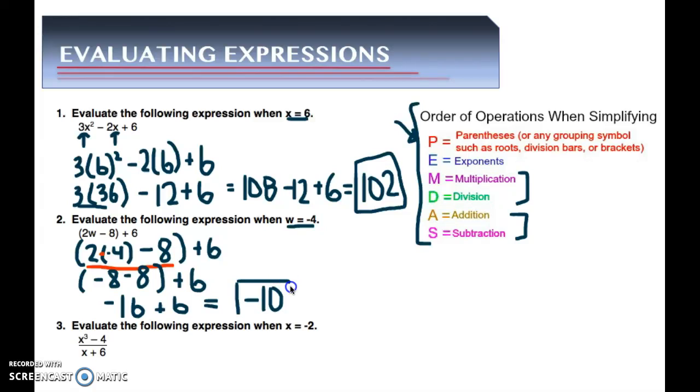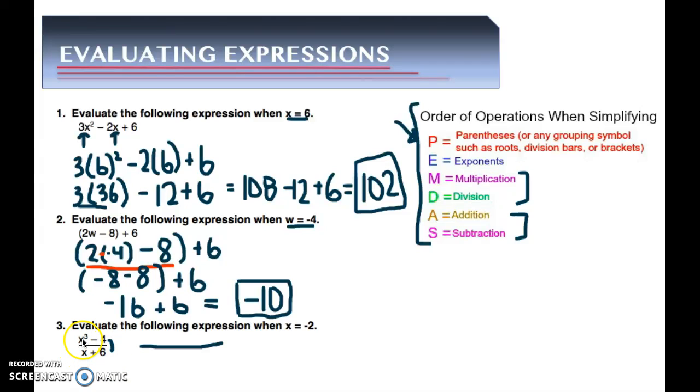Our third example says to evaluate this division with x is equal to negative 2. So here we have a division expression, and we're going to put x is equal to negative 2 inside. So when you're doing these problems, keep the upstairs and the downstairs separated. Simplify the upstairs first, simplify the downstairs, and then at the very end, see if you can simplify the top and the bottom.